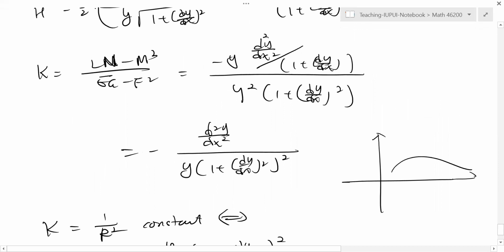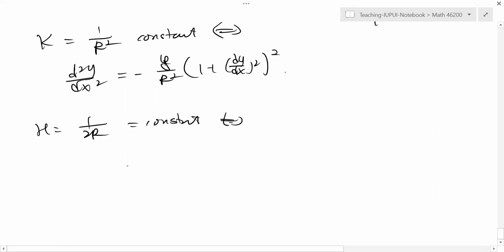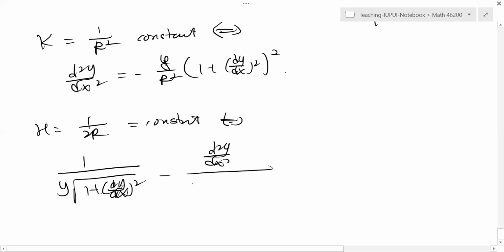So where's my H? It's a little bit more complicated. Right? It is a little bit more complicated. Okay? So if and only if 1 over y, so this is 1 plus dy over dx to the 3/2, and that is going to be equal to something.